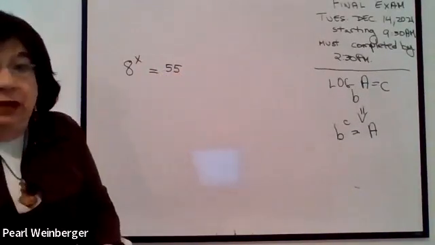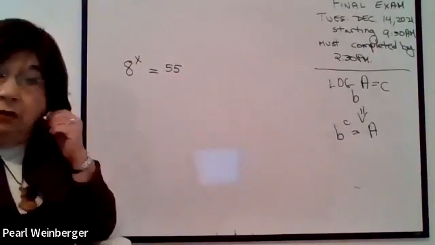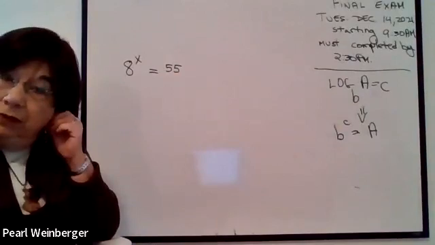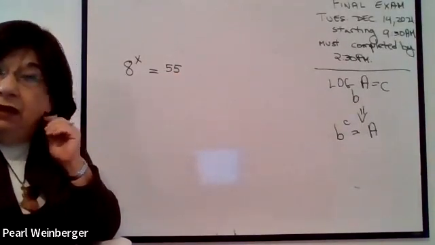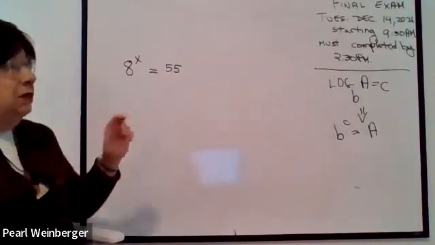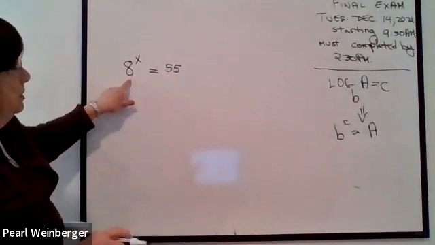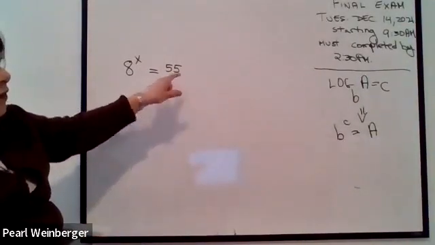This is also an exponential equation, and we start off doing it the same way we did before. We try to get both sides to be in terms of the same base. The base I'm using here is 8. So let's see what I can do with 55.